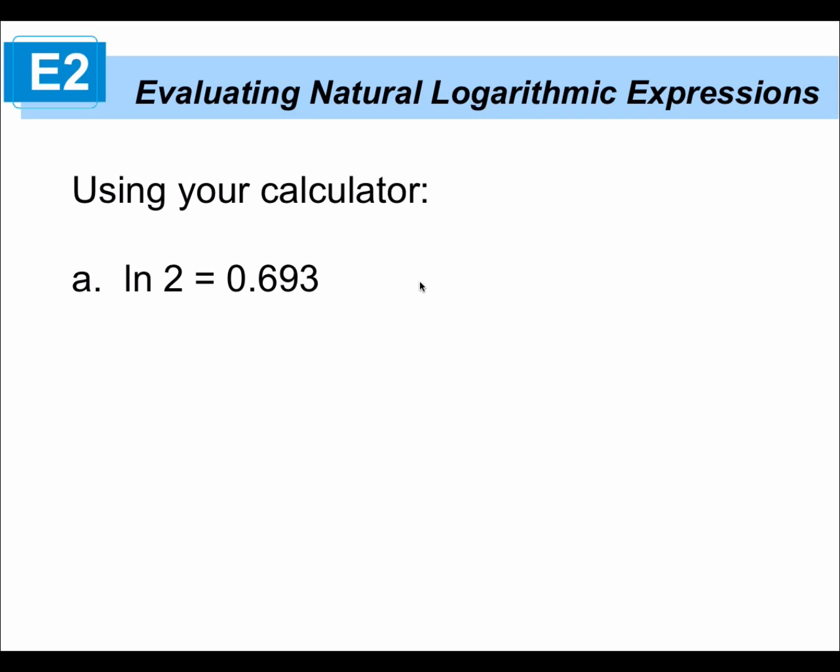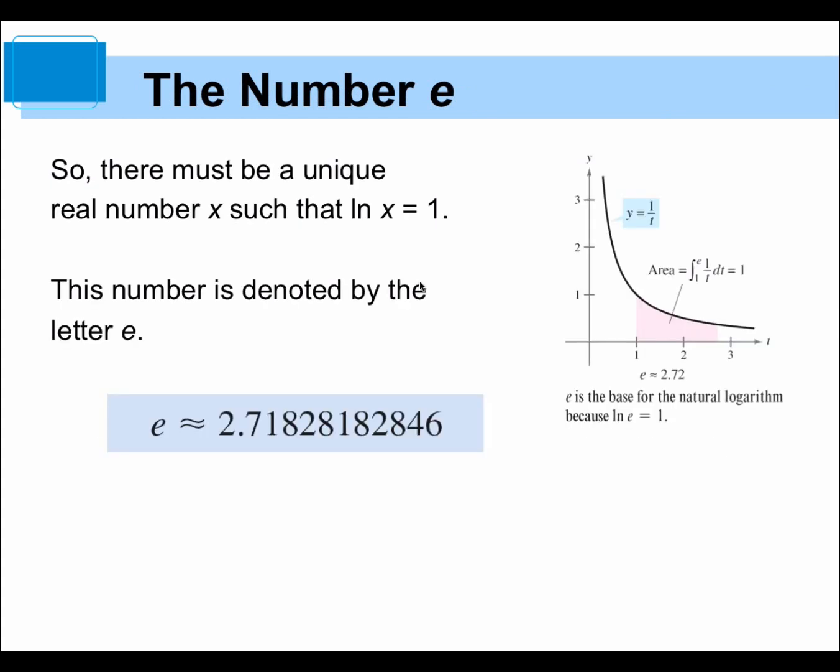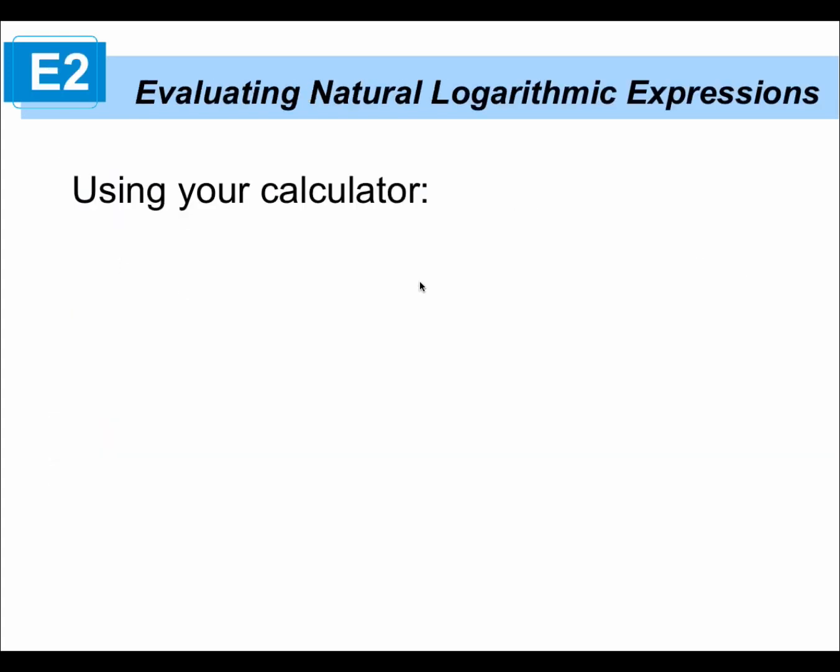So if we go back to this picture on the previous slide, from 1 to 2, it would be the area of that little region there. If you go further out to 2.7, then you get 1, but for this one, you only get 0.693. And notice that if we jump up to the log of 3, the number gets bigger. The number should continue to get bigger because the area will get bigger.